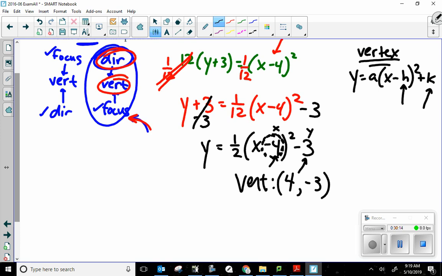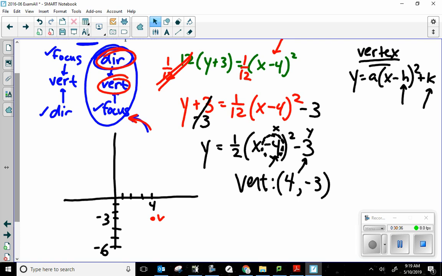So we need to find the focus. All right, well, I'm a visual guy. So I'm going to sketch a little graph here. 1, 2, 3, 4. -1, -2, -3. Here is the vertex at 4, -3. The directrix is 3 below that.